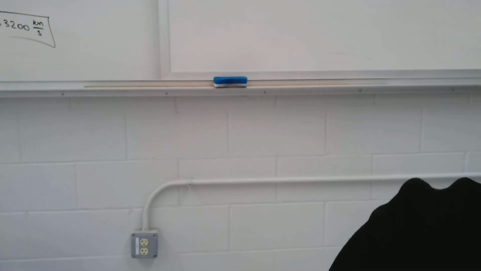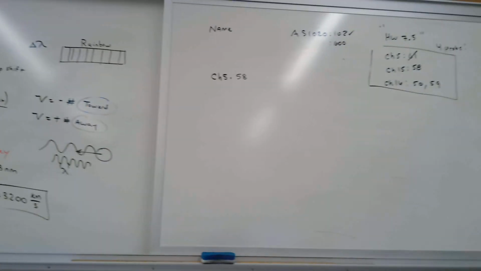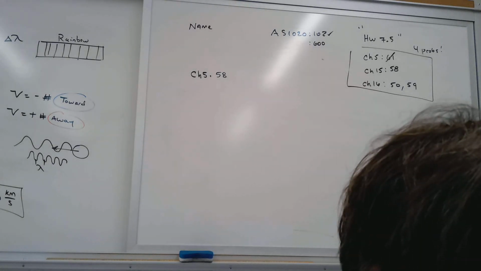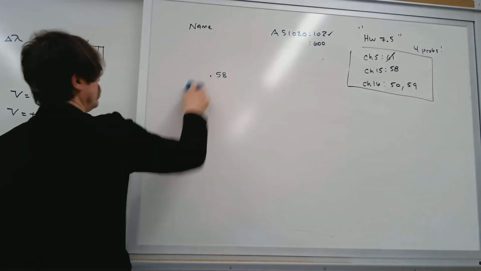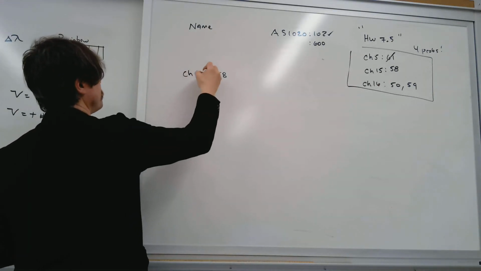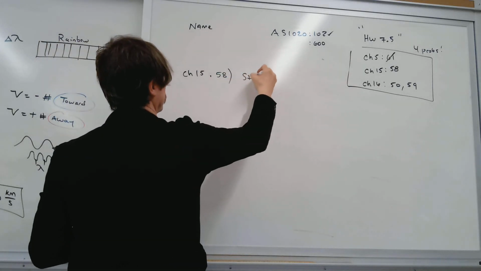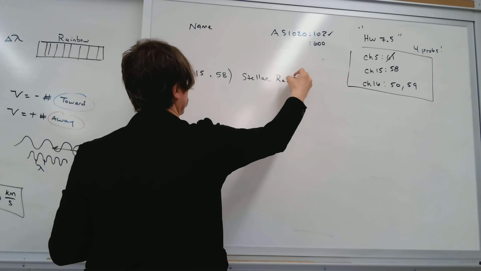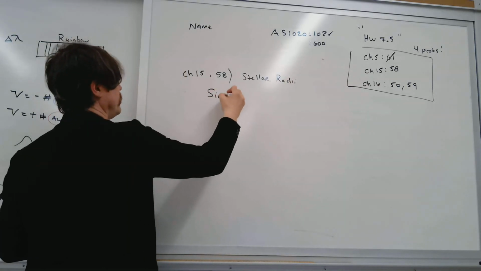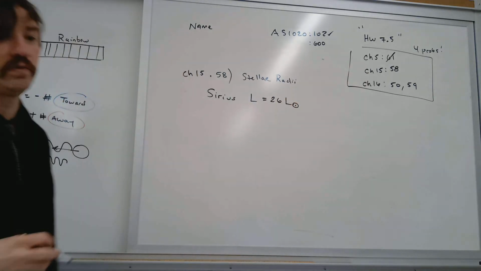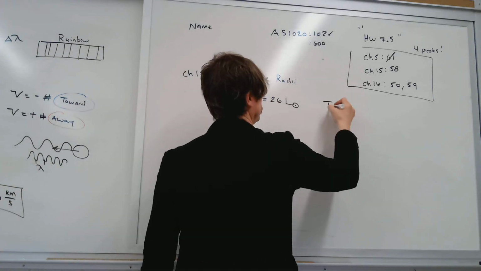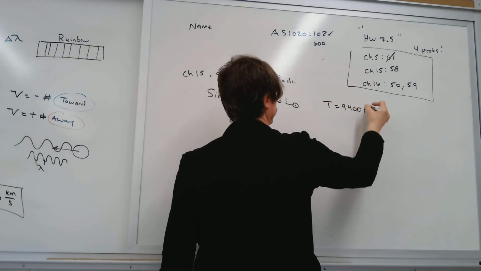What is its radius? This is chapter 15. Stellar radii. We have the star Sirius, a luminosity of 26 solar luminosities, and a temperature of 9,400 Kelvin. Okay.